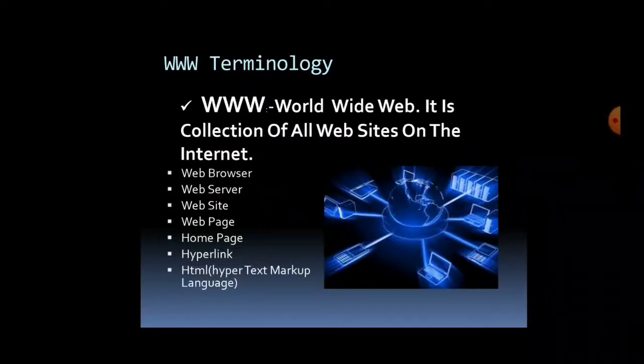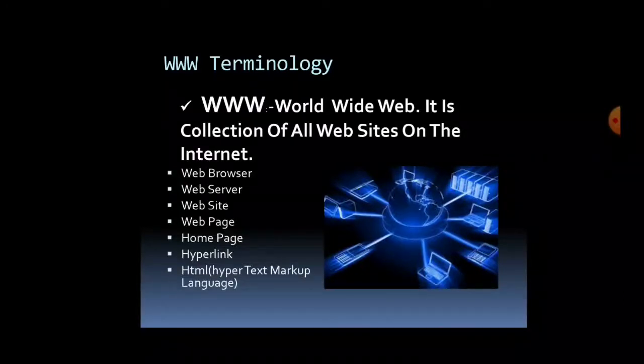A website is a collection of web pages linked to one another, forming a global web of information. Next, what is the use of a web page? A web page is a single page of information, for example text, images, sound, and video clips on a website. That is called a web page.